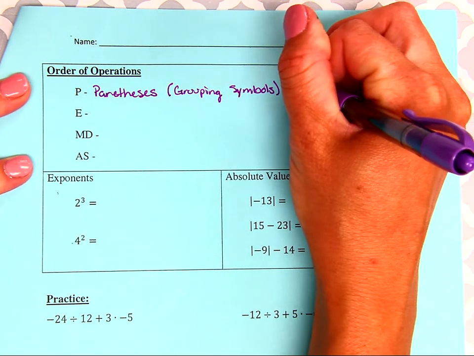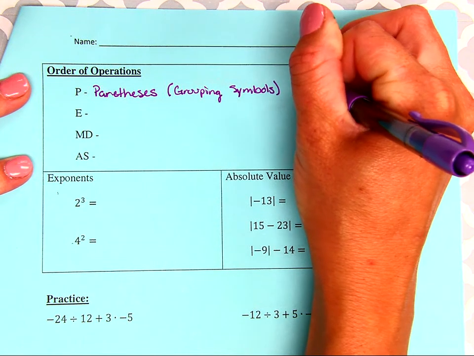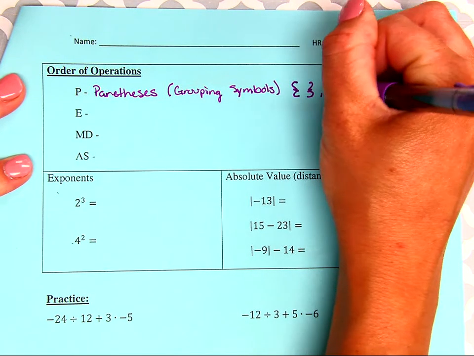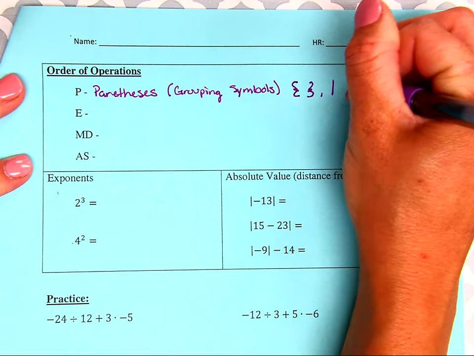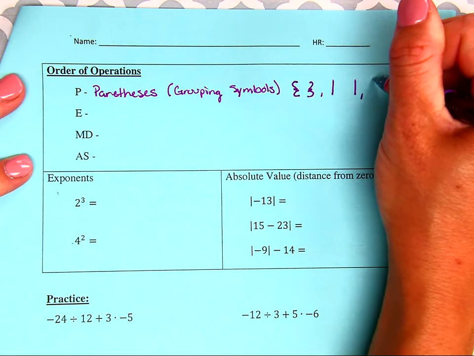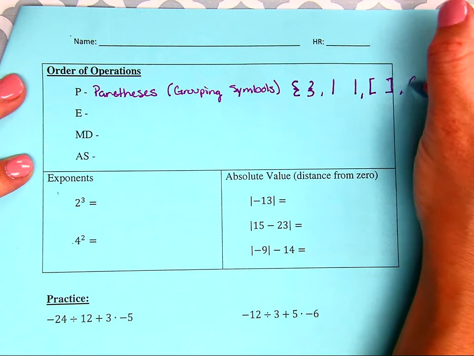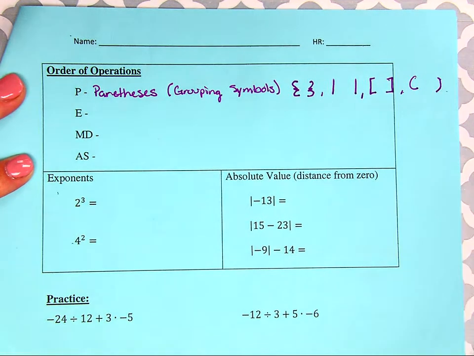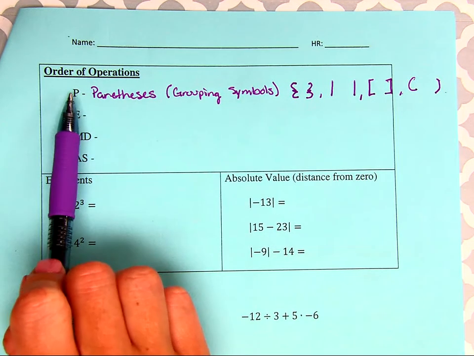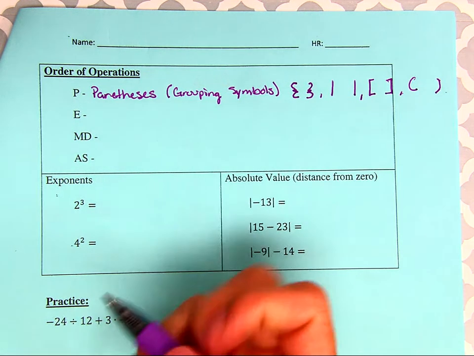Another type of grouping symbol you might see the farther we get into algebra are brackets, absolute value symbols where there's something in between those bars, and a different type of square brackets. And then of course you still have your parentheses. But all of those are grouping symbols and go under this P category. So that's what we do first, following the order of operations.